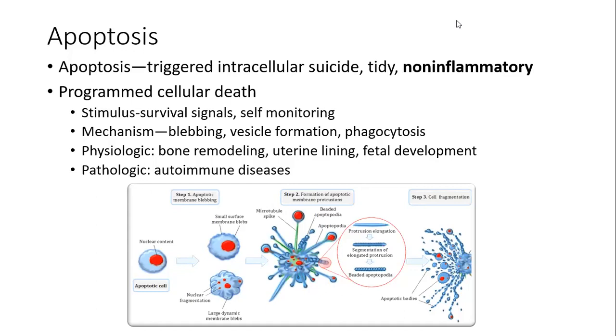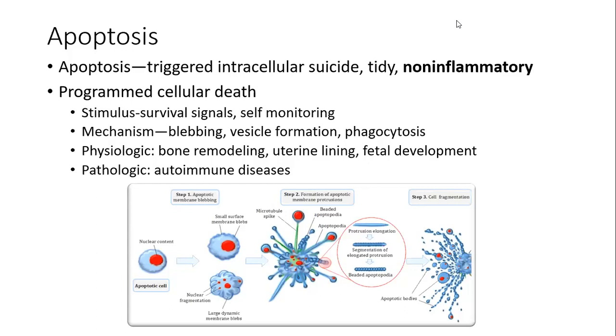The mechanism is that blebs and vesicles are formed, which attracts phagocytes that get rid of the cell. Physiologic applications of apoptosis are bone remodeling, sloughing of the uterine lining, and fetal development, where as the fetus goes through different stages, some cells disappear and others are formed. Then there's pathologic apoptosis, for example, autoimmune diseases.